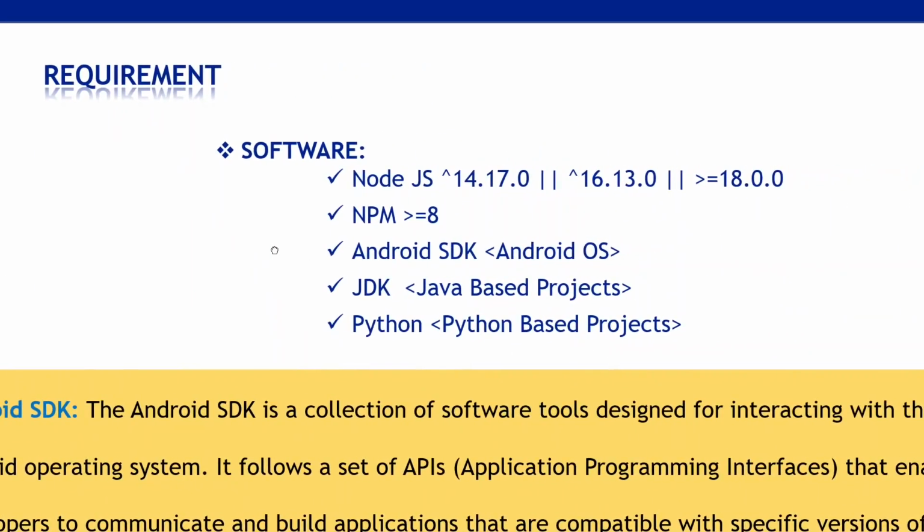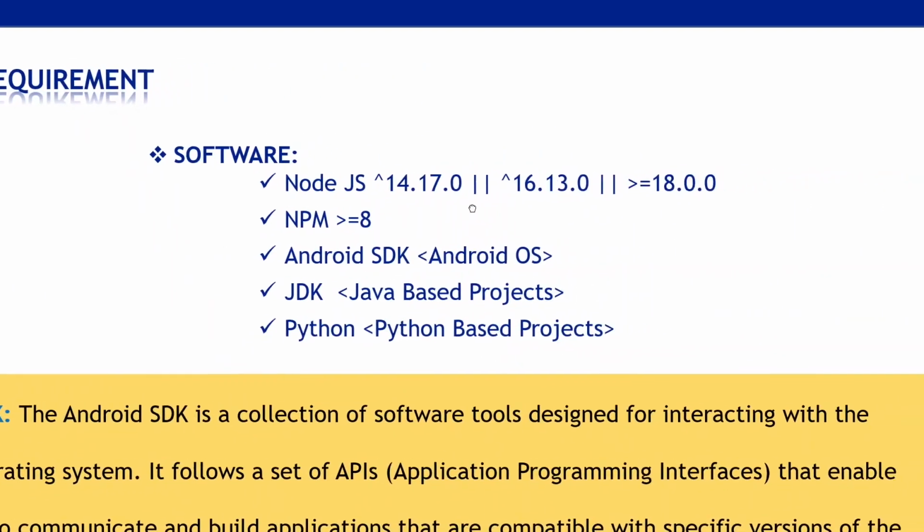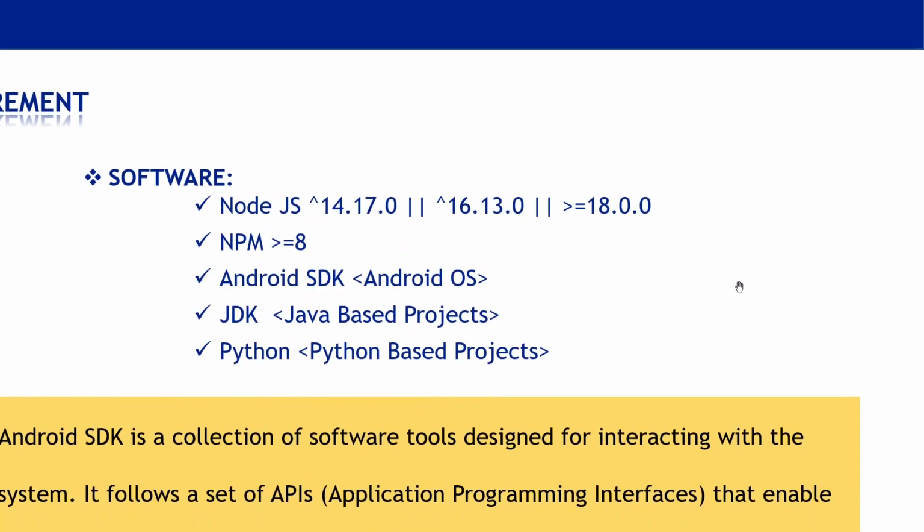When coming to the software requirements, these are the things we need to understand as part of the prerequisite. One is Node.js. Appium is built on the Node.js environment, so that's why we have to install Node.js.